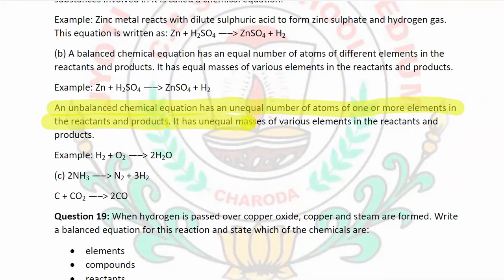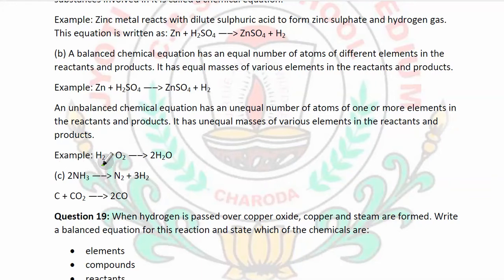It has unequal masses of various elements on the reactant and the product side, and hence we call that type of equation an unbalanced equation.